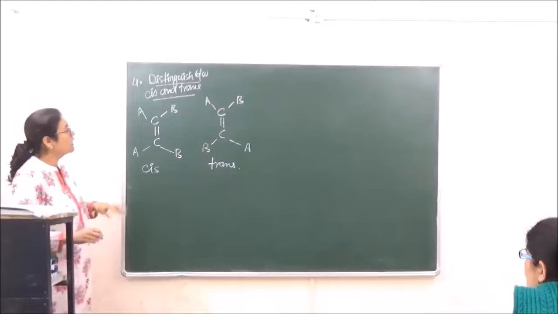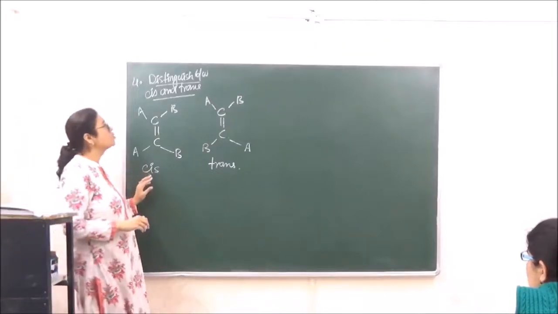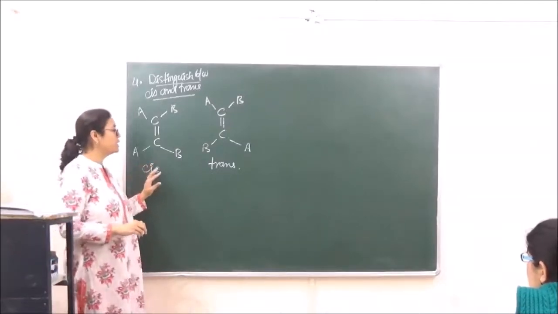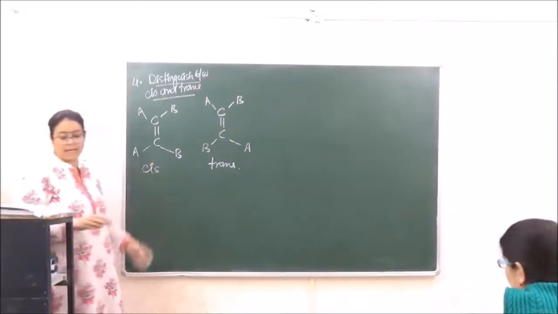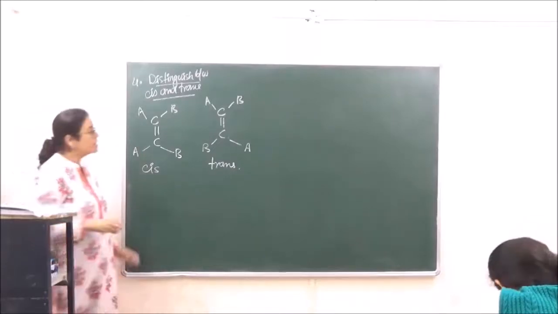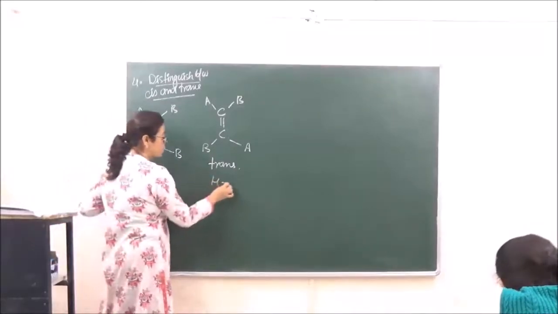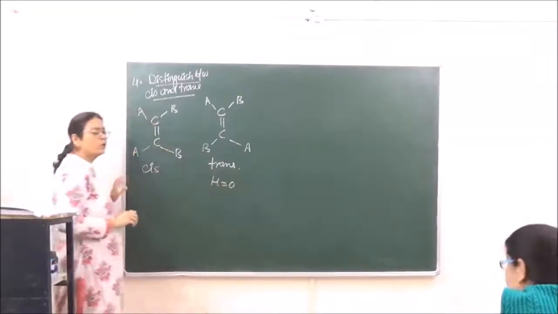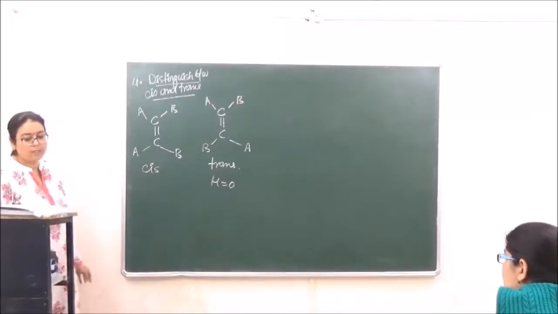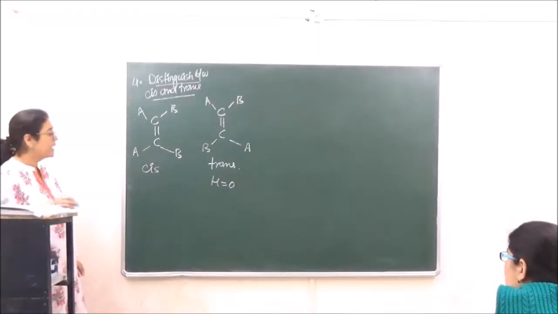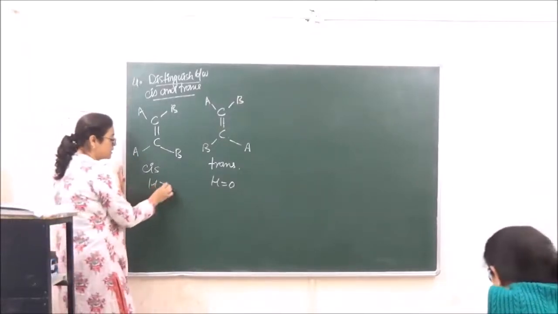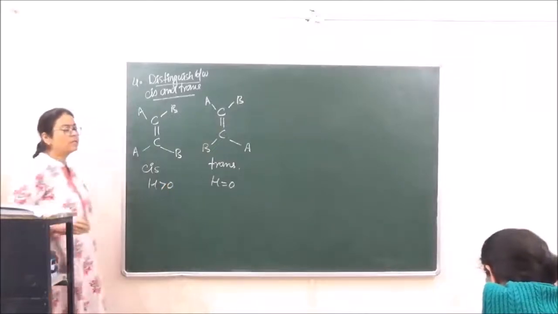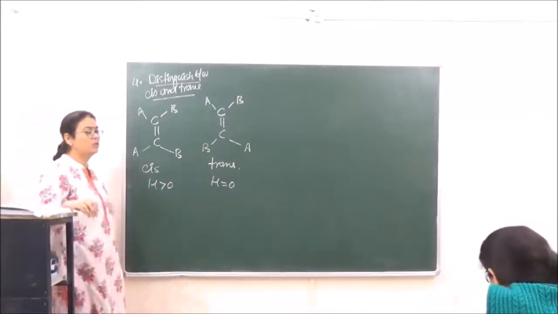The value of dipole moment helps us to distinguish between cis and trans. We say that for trans isomer, the value of mu is going to be 0. Okay? And for cis isomer, the value is greater than 0.